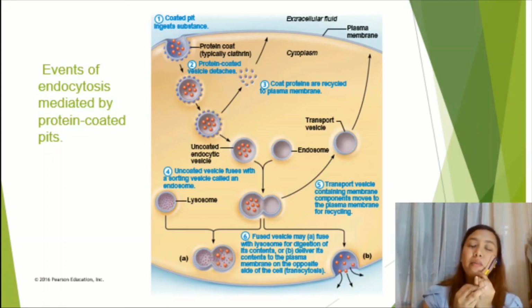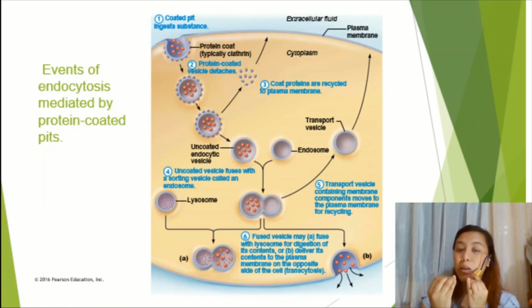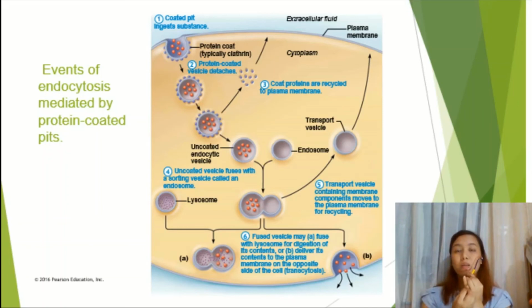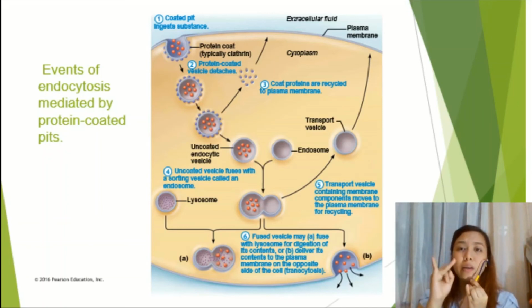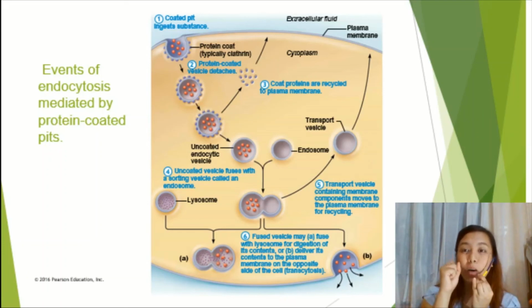So again, in your endocytosis, you go into the cell and then you are surrounded by the protein coat, you will meet with the lysosome and then you will be digested. So it's either phago or pino, it's up to the solute that is being made to enter. So if you are solid, usually it's food, phago. If you are in liquefied form or in water, like liquefied glucose, we are using pinocytosis.